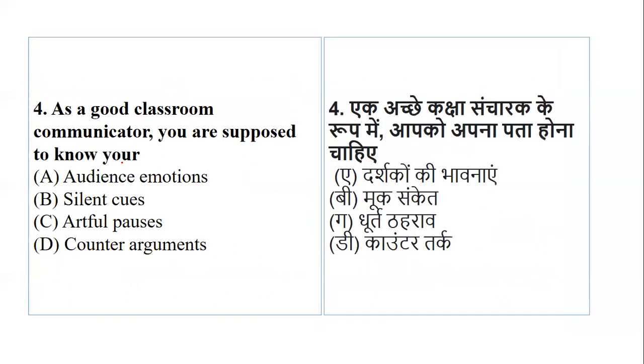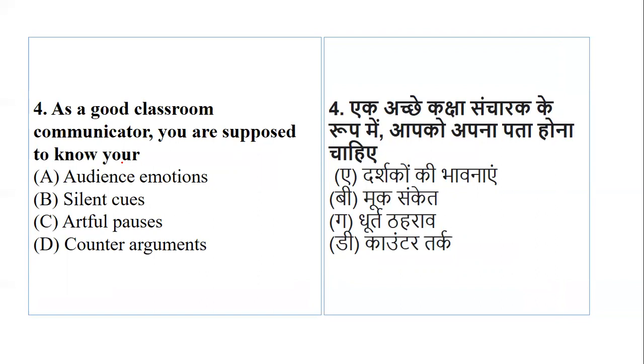Now, as a good classroom communicator, what are you supposed to know? Are you supposed to know the audience emotions? The client cues? The artful pauses? Or the counter agreement? A communicator means you are communicating something.